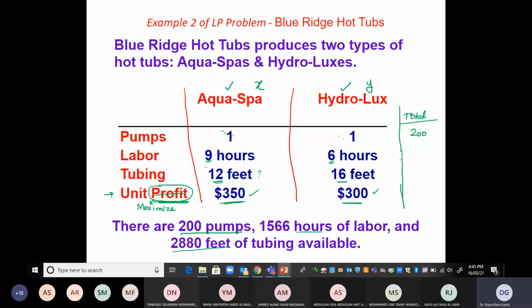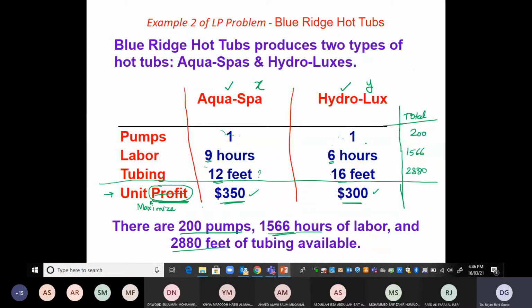How much is the labor hours? 1566, and the tubing available is 2880. Okay, so this is the information that you are having. So you can put this information over here. Now use this information to convert it into the mathematical model.